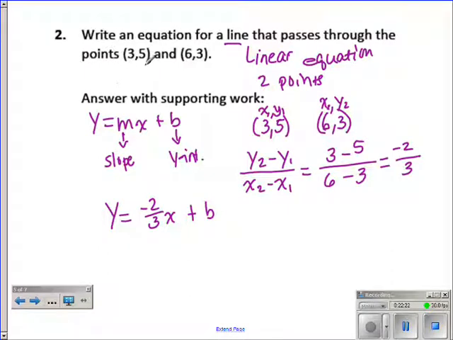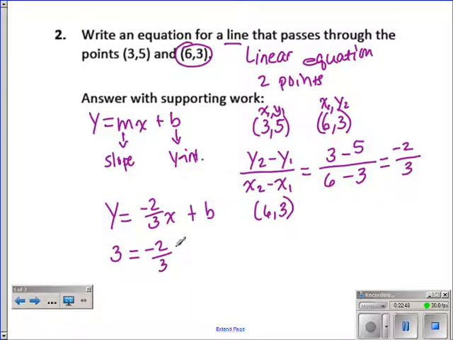I'm going to choose to use the point 6, 3. Bring it down here. So all I'm going to do is replace the x with 6 and the y with 3. So this will be 3 equals negative 2/3 times 6 plus b.